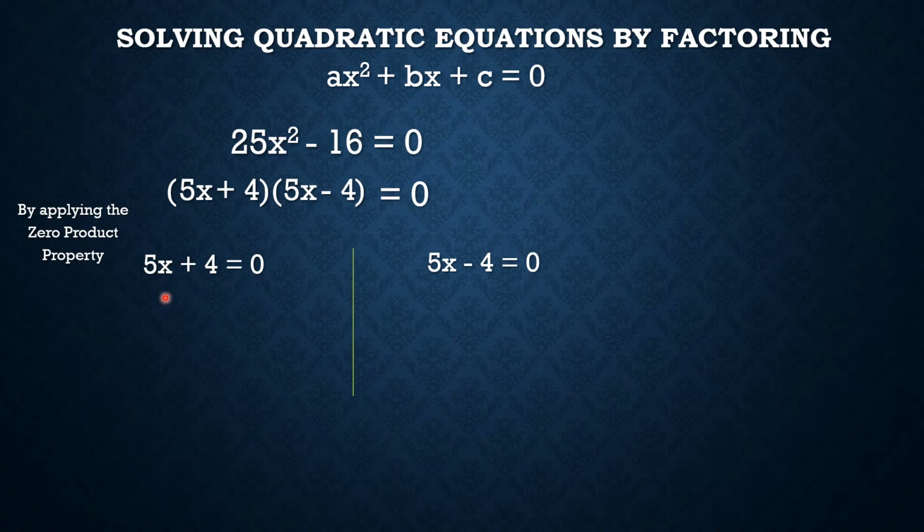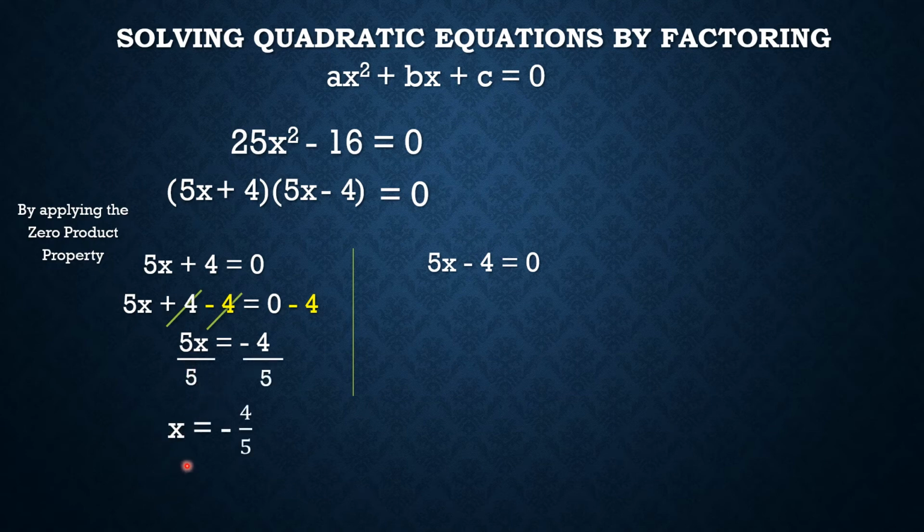Let's solve the value of x sa bawat isa. By, again, applying the addition property of equality, tanggalin natin si positive 4 dito by adding negative 4. And now we have 5x equals negative 4. And then by dividing both sides of the equation by 5, we get x equals negative 4 over 5.